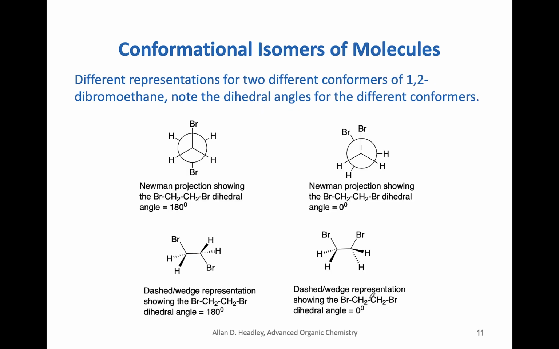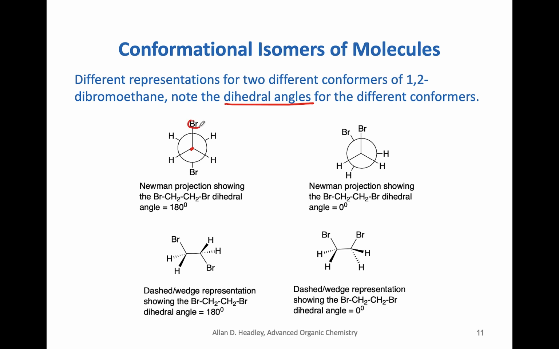Now let's see another way of looking at this, and this is described nicely in the textbook, by looking at the dihedral angles. So remember, the dihedral angle is the angle that you get by looking down a carbon-carbon single bond and the angle that's generated between any two groups. So here is the carbon-carbon single bond. We're looking down.